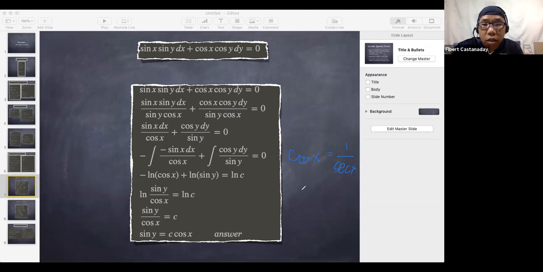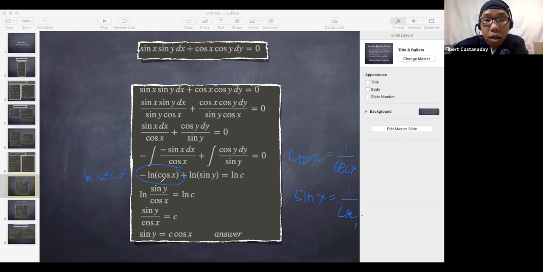And sine of x equals 1 over cosecant of x. So this part right here can be expressed into what? ln of secant x. Okay?